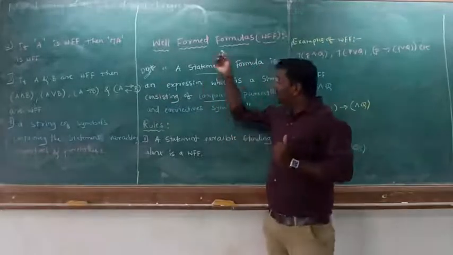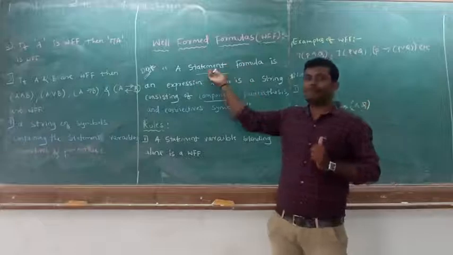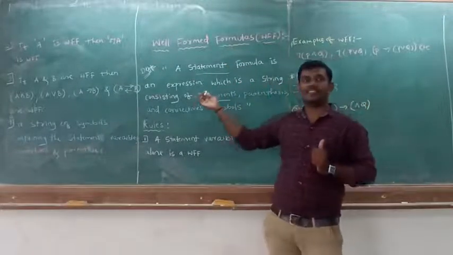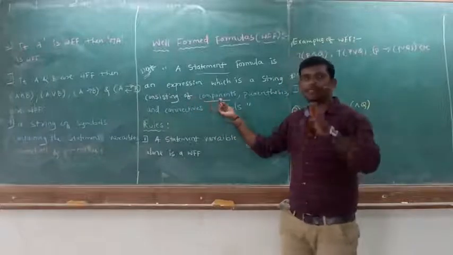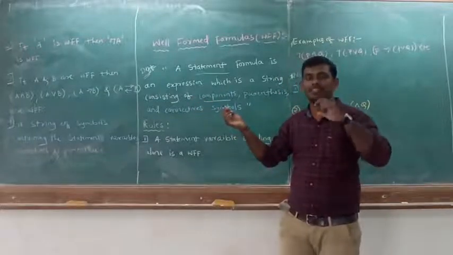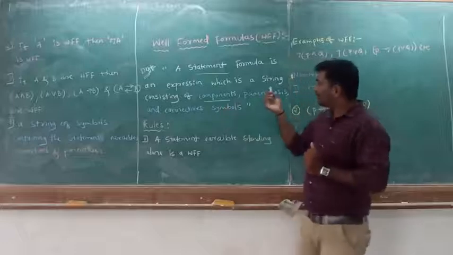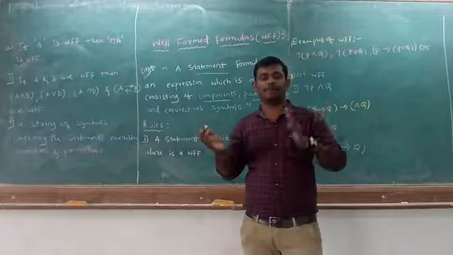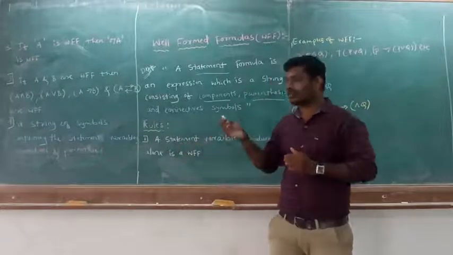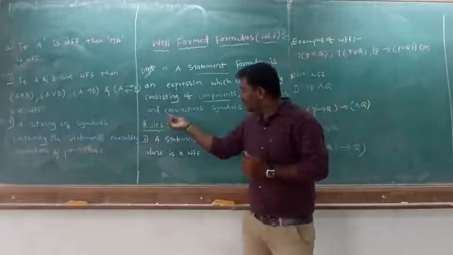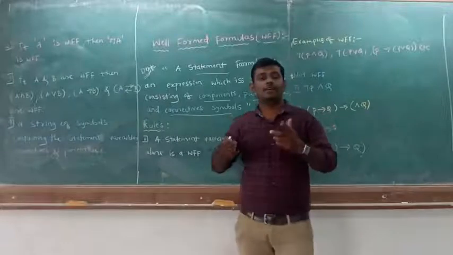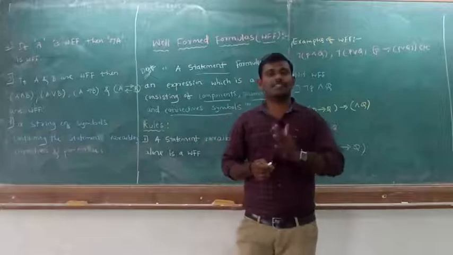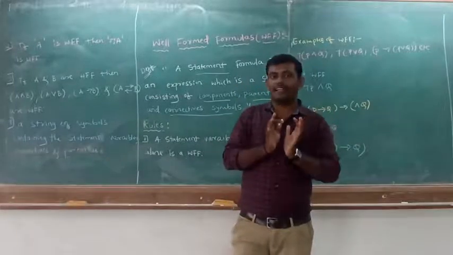So the well-formed formula is a statement formula, a string consisting of components, that is primary statements, plus parenthesis. Parenthesis means brackets, opening bracket and closing bracket, left and right brackets. And connective symbols. Connective symbols means conditional, biconditional, conjunction, disjunction and negation.